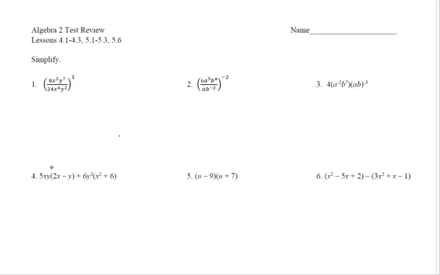I would always approach problems like number one with the thought of simplifying inside the parentheses as much as you can first. So I'm going to start with the coefficients 8 over 24, and 8 goes into both numbers, so we can reduce by dividing by 8.